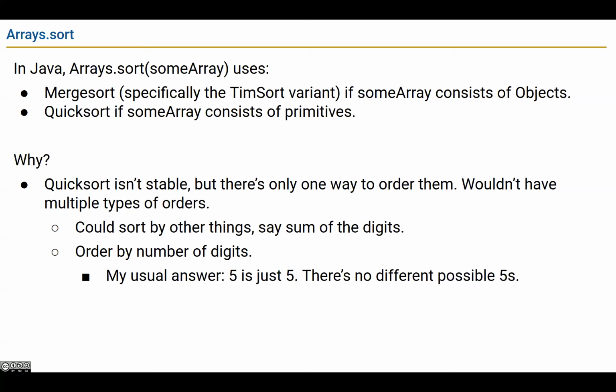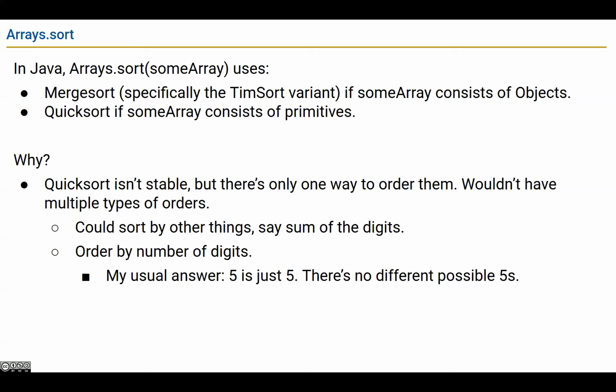Quicksort isn't stable, but if you're having lists of primitives, then two things are equal in terms of the comparison if and only if they're exactly the same numeric values. So because of that, there isn't really a need for stability. This copy of 5 is the exact same as this copy of 5. But this dog might be different from this dog, even if they have the same name.